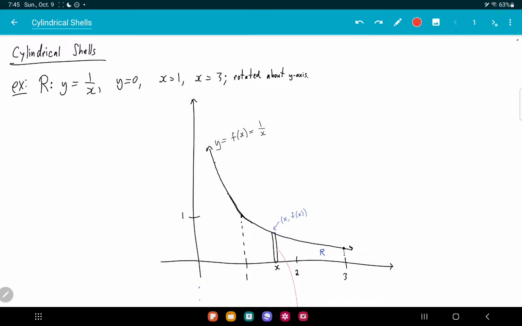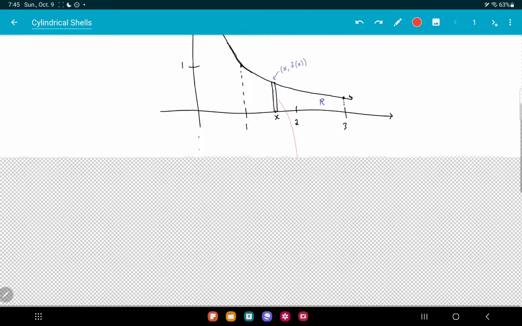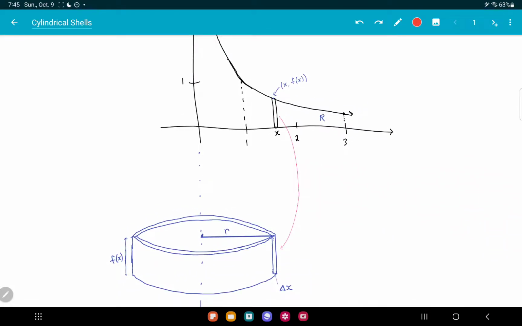So our technique this time is to take this rectangle like usual, but we're going to rotate it about an axis that is parallel to the rectangle. You see the axis we're rotating about and the rectangle are parallel. So we're going to do that rotation, and what do we get? Well, we get what's called a cylindrical shell.